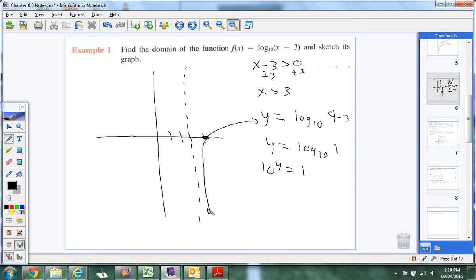I just like to use this as an anchor point because anything to the 0 power is 1. So when you do your logarithms, when you plug 0 in for y, yes, that's right. But the reason this one's different is because this one's x minus 3. So in order to make a 1 here, I have to use a 4. That's why it goes to 4.